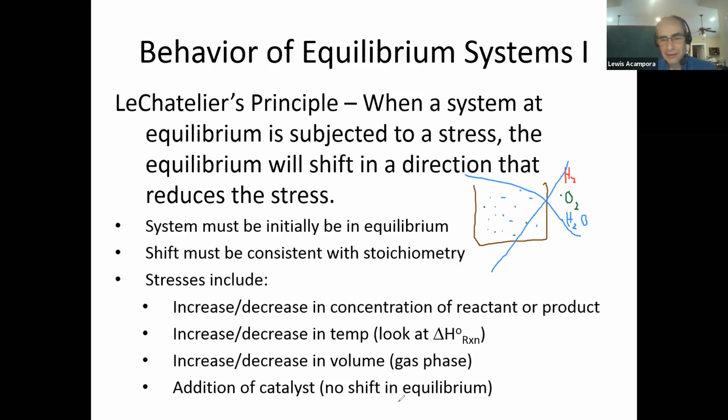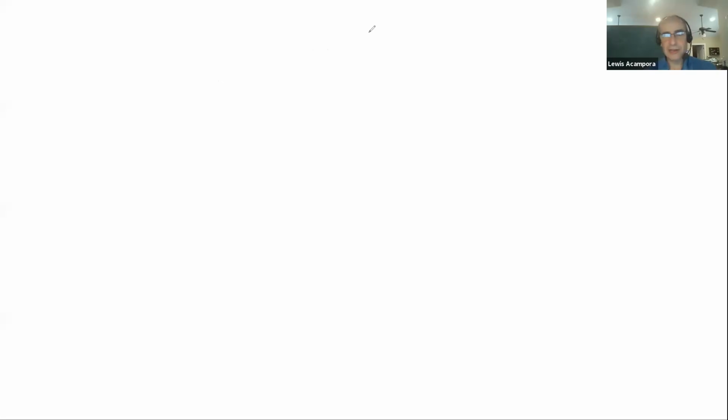Let's imagine what happens when we do have a system at equilibrium. I'm going to go to a whiteboard here, which will make this a little easier. I'll go back to the same system we had earlier, where two nitrogen monoxide molecules, all in the gas phase, react with an oxygen molecule to form 2NO2.